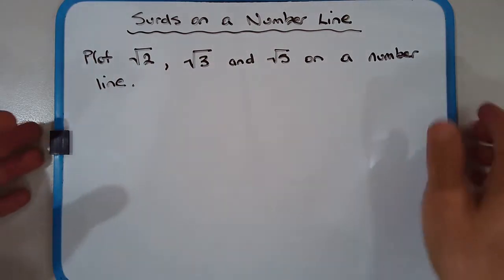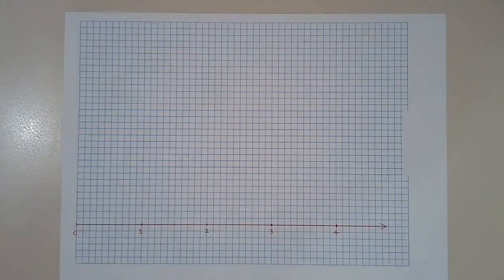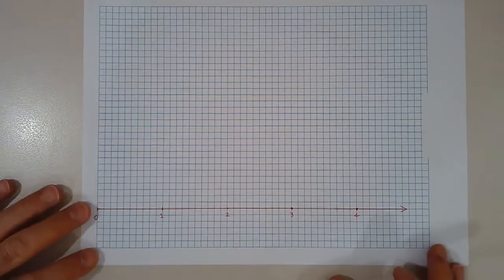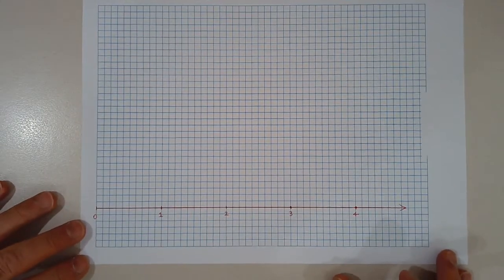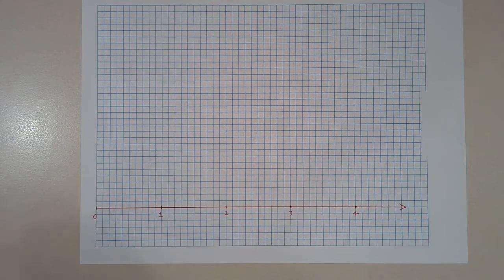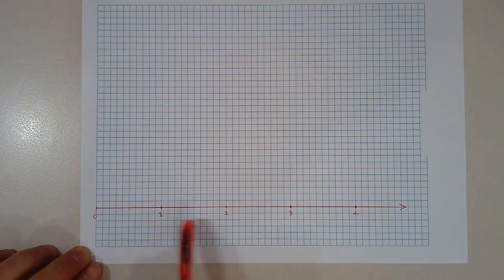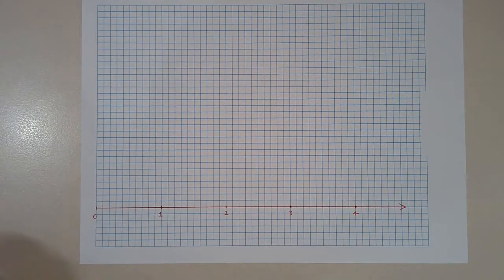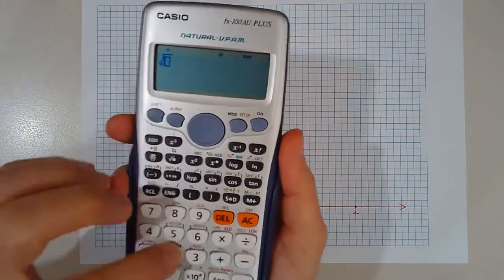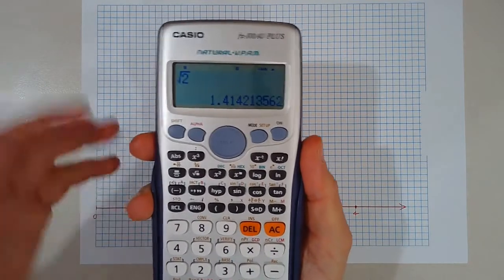All right. I've pre-prepared a number line already just to save a bit of time. So the first thing we're going to start off with is to plot the position of the square root of 2. What I've done is I've marked out the positions of the integers 1, 2, 3, 4. Now, we know that the square root of 2, at least based on a calculator, is around 1.4.